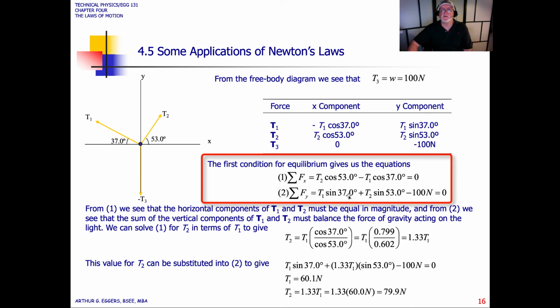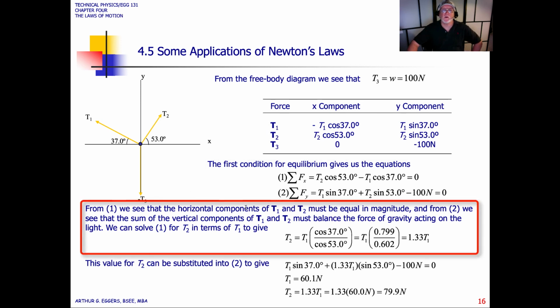T1 sine of 37 plus T2 sine of 53 minus the weight of the light, 100 newtons, is equal to 0. So from this, we see that the horizontal components of T1 and T2 must be equal in magnitude. And from 2, we see that the sum of the vertical components of T1 and T2 must balance the force of gravity acting on the light.